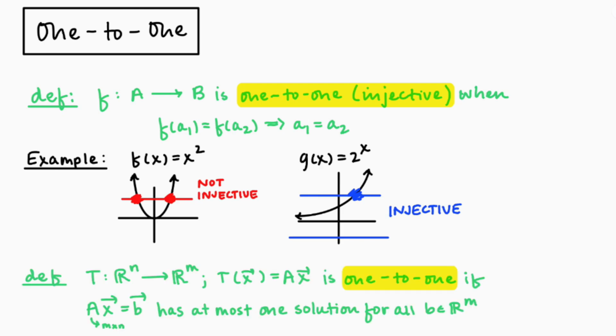And so we're going to say if a transformation takes Rn into Rm, which means it does have an m by n standard matrix, it'll be one-to-one if the system Ax equals b has at most one solution for each b in Rm. And so we think about at most one solution, that's either a unique solution or no solution. We can't have infinitely many solutions.